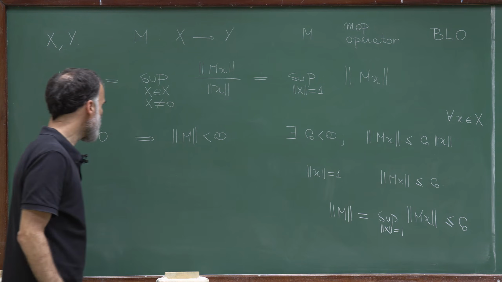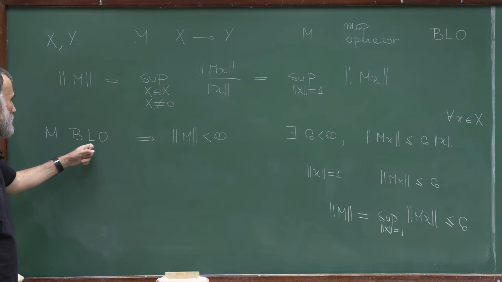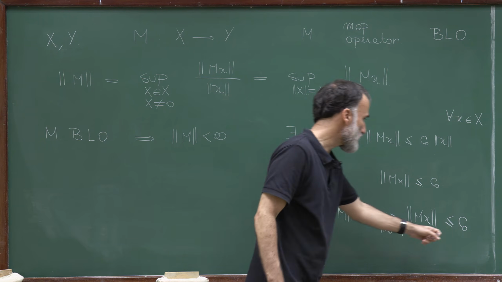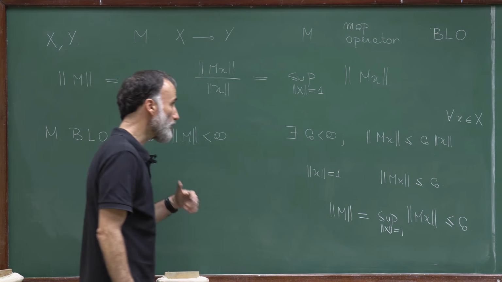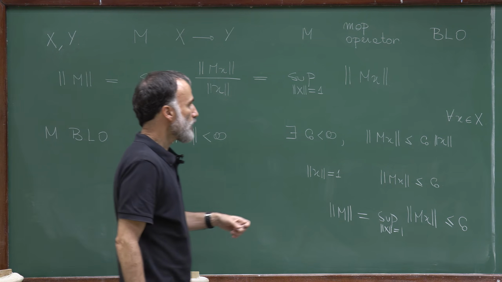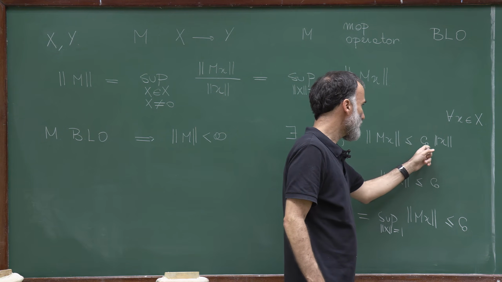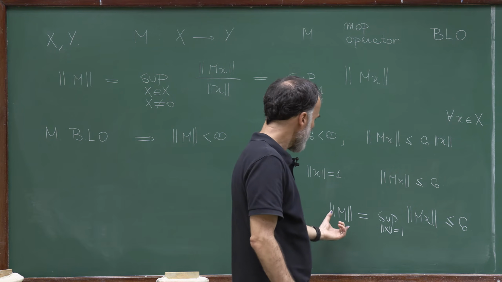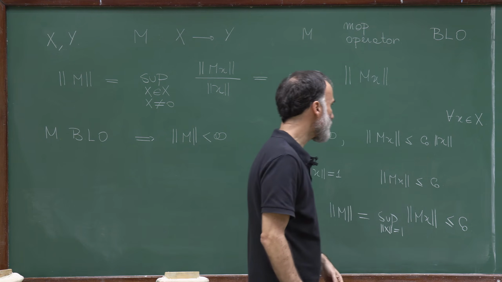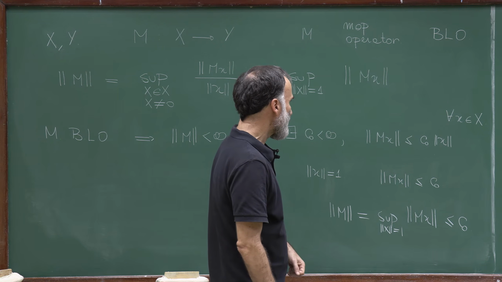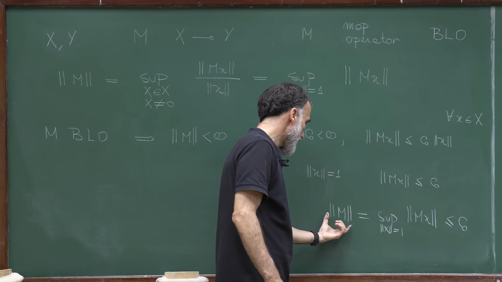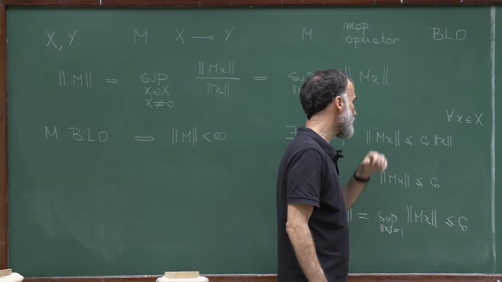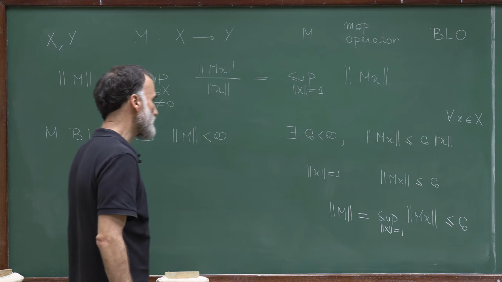So we just proved that if M is a bounded linear operator, then its norm is finite. And more than that, if ‖Mx‖ is bounded by C0 times ‖x‖, then the norm of M is bounded by C0, which means that the norm of M is the smallest constant C0 for which this inequality is satisfied.